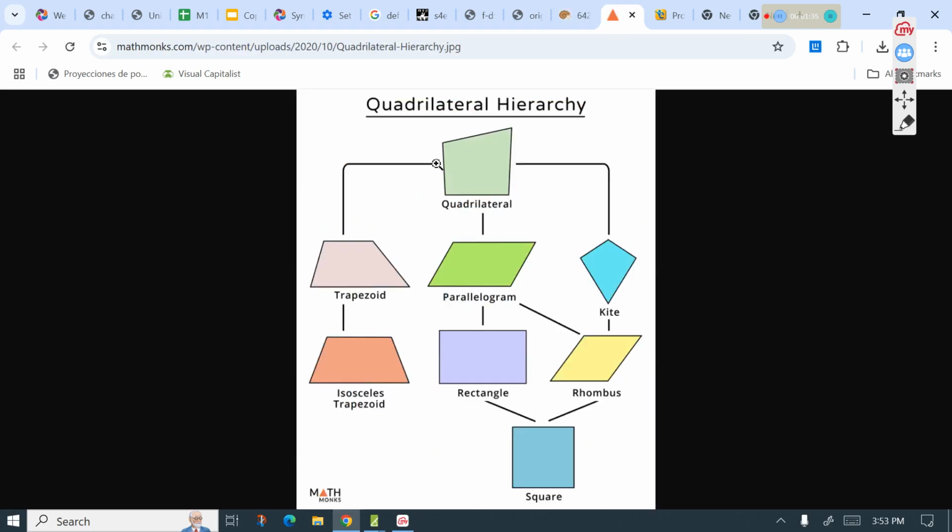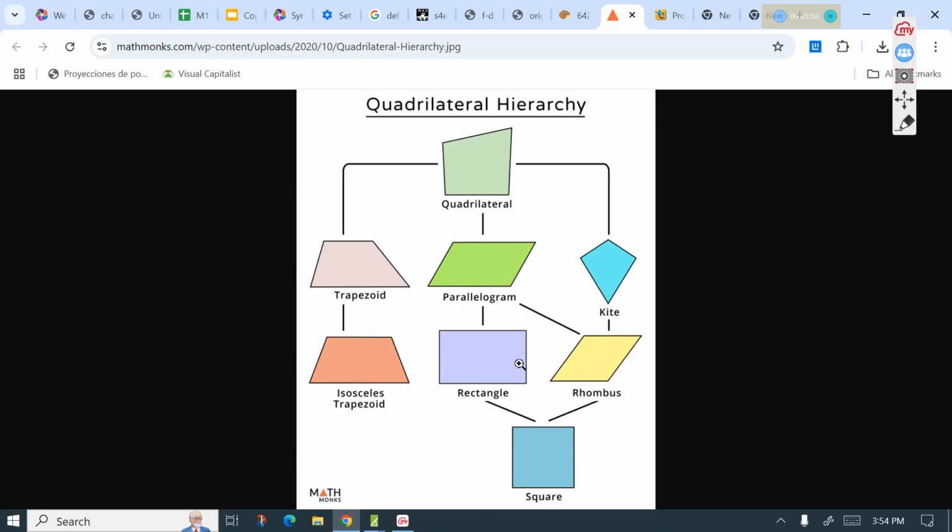Let's take a look at the quadrilateral hierarchy here. We have this idea of every four-sided shape counts as a quadrilateral. We can kind of see the family tree here. We can see that parallelograms have some different kinds of parallelograms. We have rectangles as one kind of parallelogram, and then you can see that we also have different rhombi, that some rhombi might count as parallelograms also.